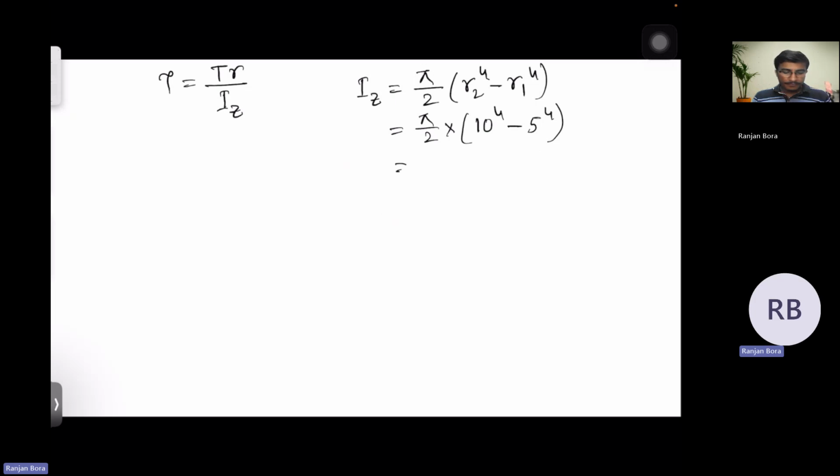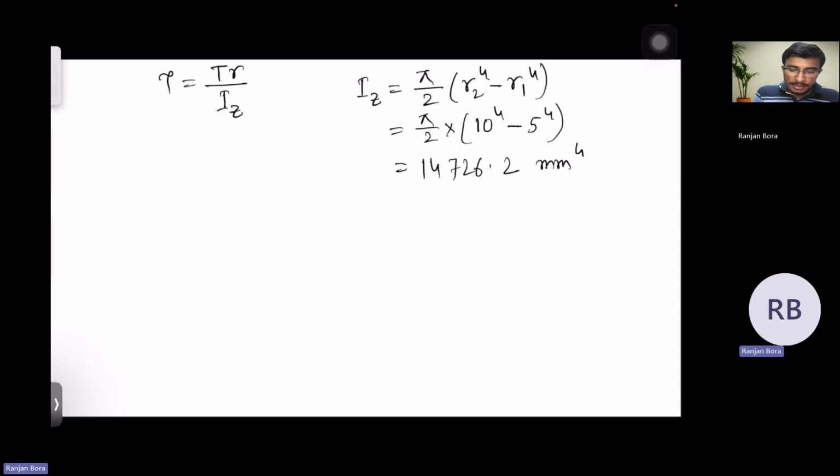It will be 14726.2, and the unit is mm to the power 4.